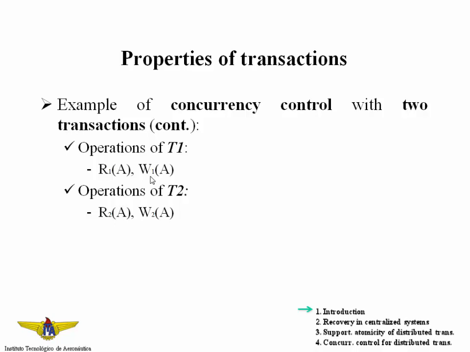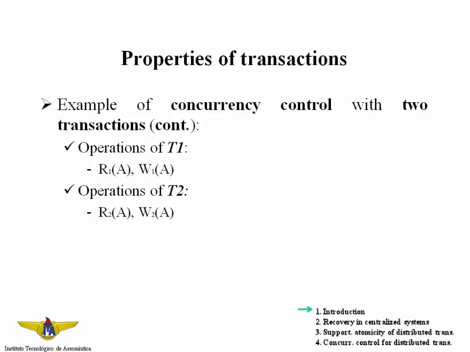For transaction 2, you have the read operation by transaction 2 on account A, and you also have to write the updated balance, in this case given the interest rate, either 1% or 0.5% of the value in the account.